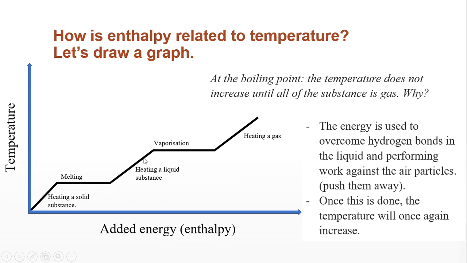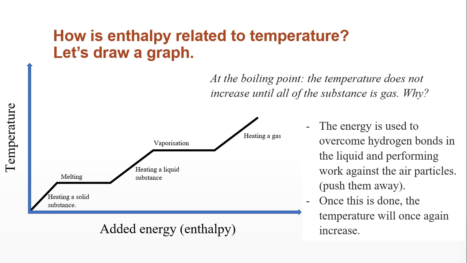We heat the liquid water, and until all of the water has boiled off, it will only be 100 degrees. Then all of the gas can be heated and gain more and more temperature as we go.